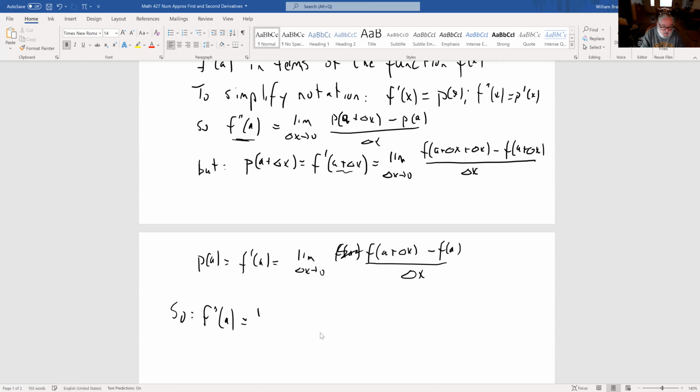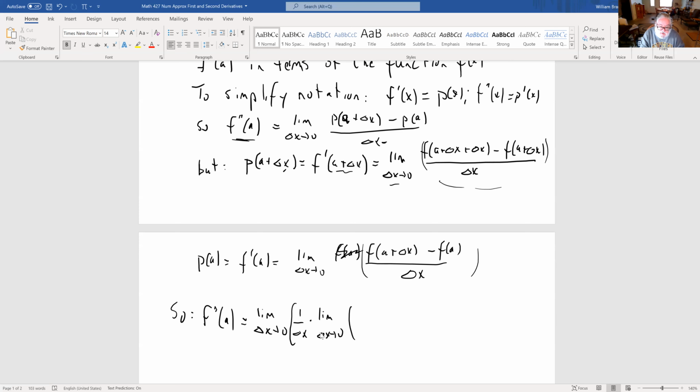That equals the limit as delta x goes to 0 of 1 over delta x, and that's this delta x here, times p of a plus delta x. p of a plus delta x is this whole thing, and there's a limit as delta x goes to 0 of this fraction minus this fraction.